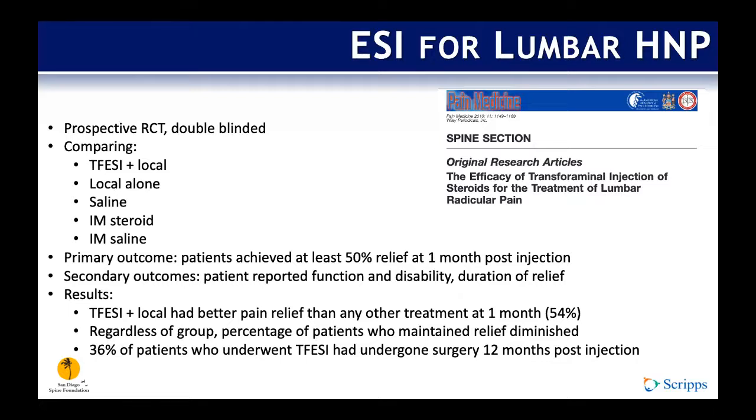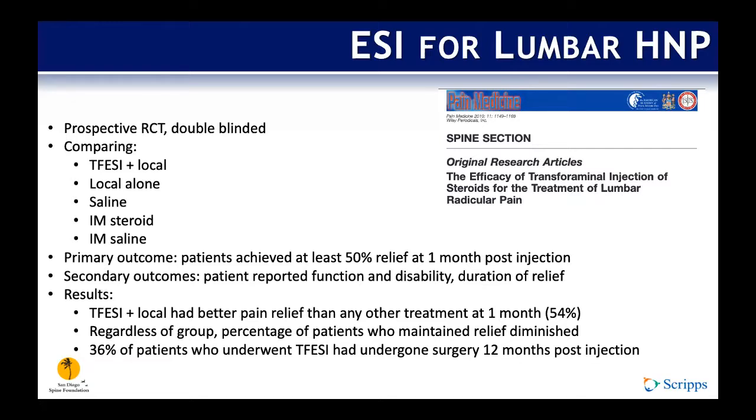And they found that compared to placebo, as well as compared to a local anesthetic in isolation, there is some utility or benefit of undergoing transforaminal epidural steroid injection, at least with the primary endpoint of pain relief at 1 month.